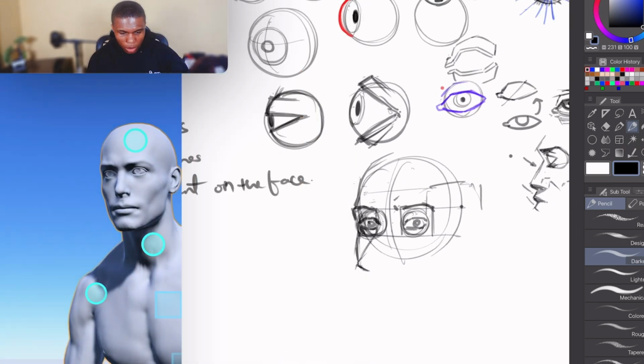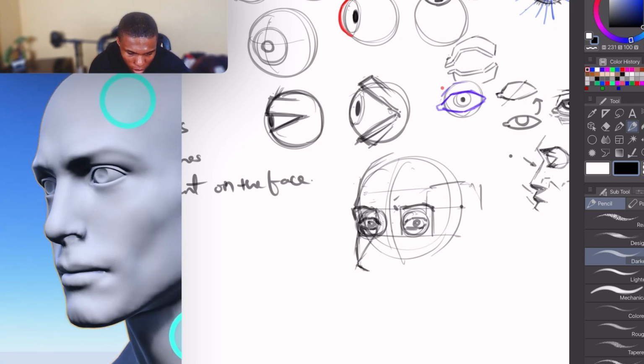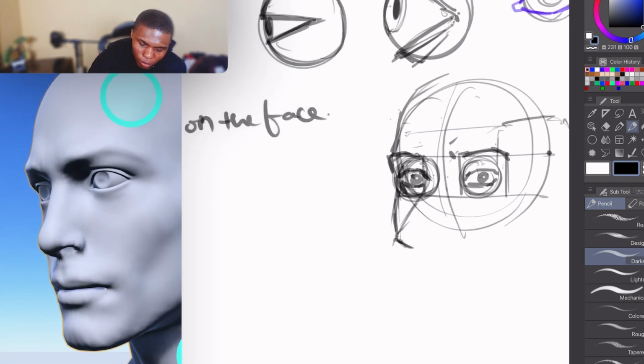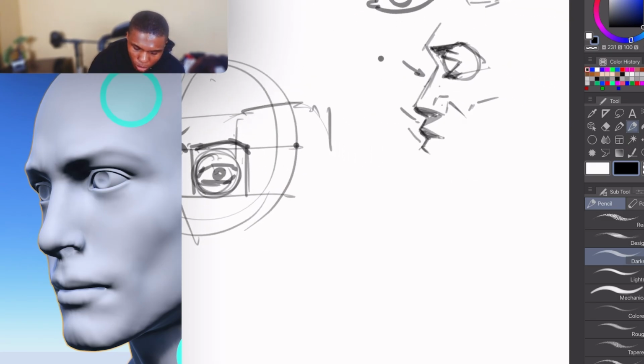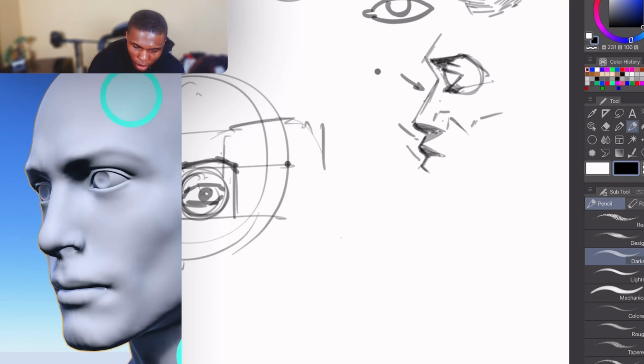Anyway, I'm going to look at another angle. So look at this angle, look at his eye in this angle. A mistake people make is they just forget that, as I keep saying, the planes of the eyes are 3D.